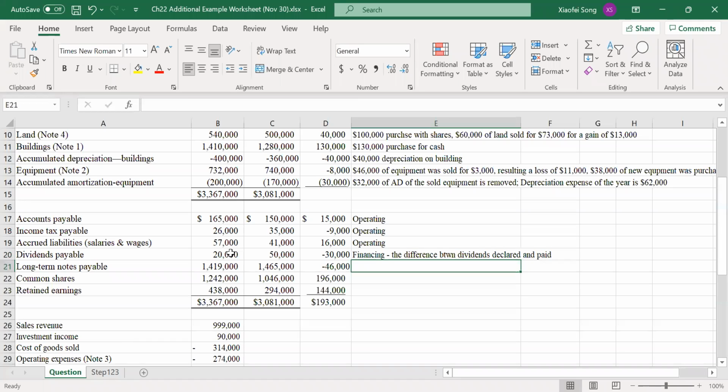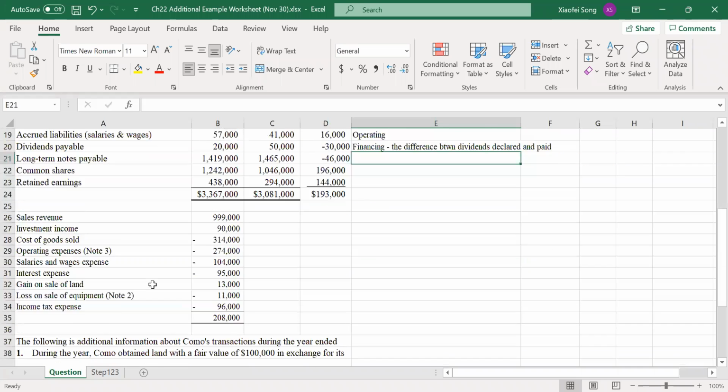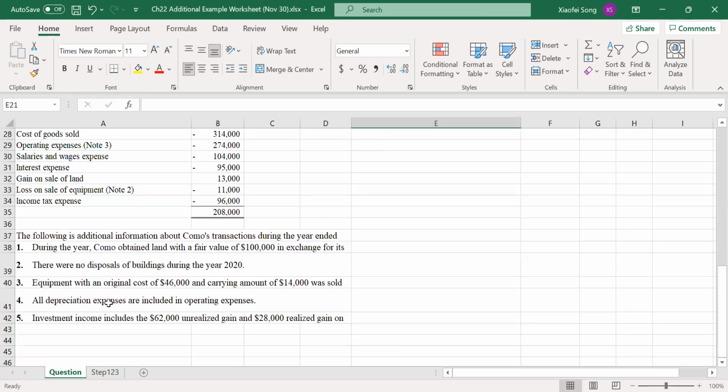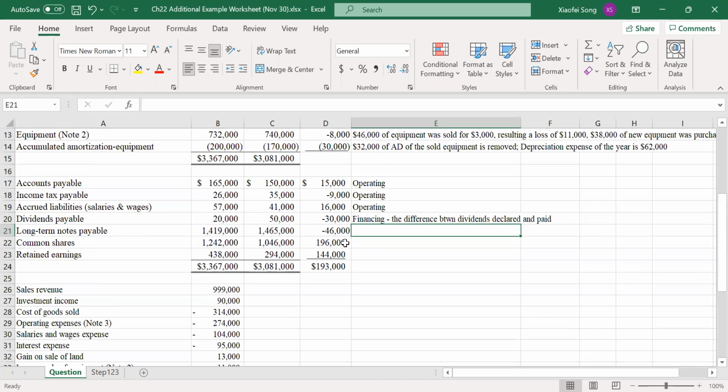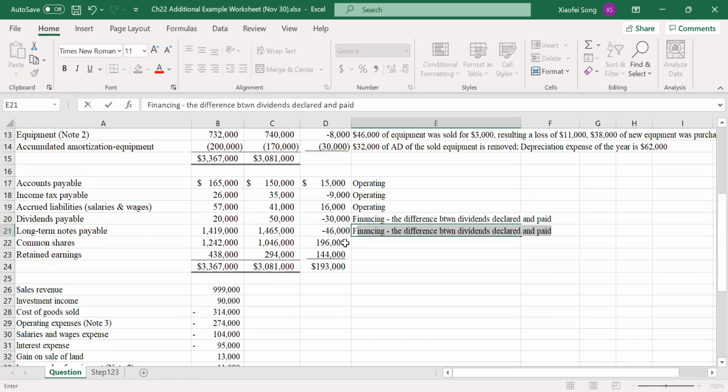And then we have long-term notes payable. Did we have any other information on long-term notes payable? No, I don't think there is any additional information related to the note. So therefore, this will be all financing.